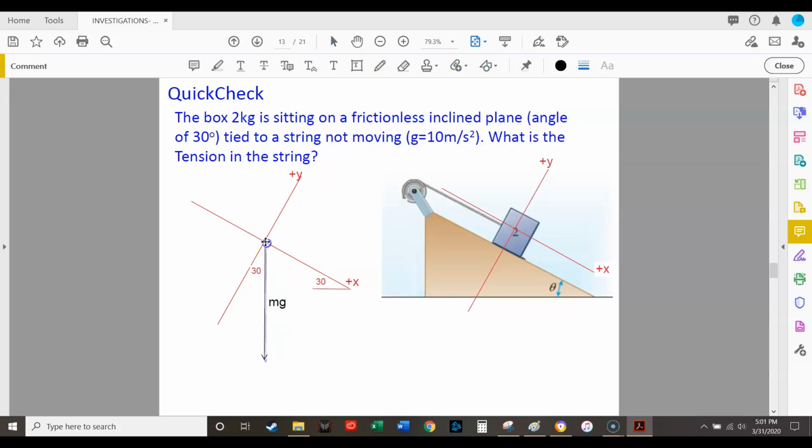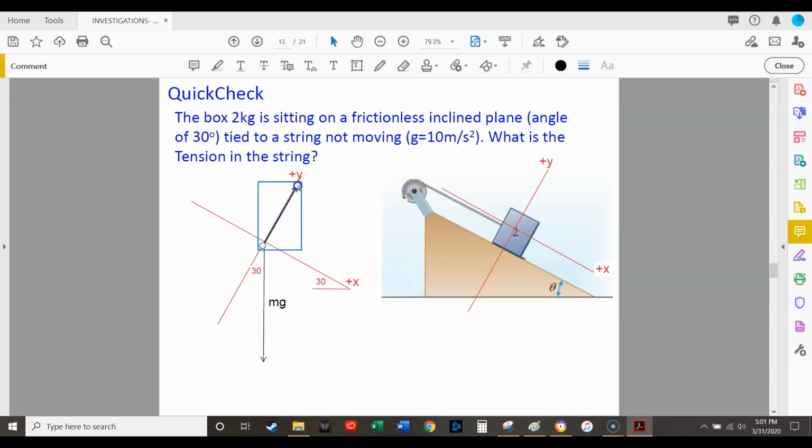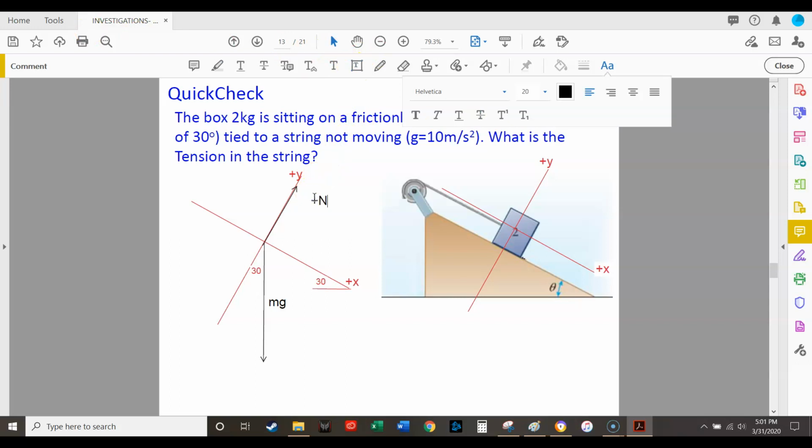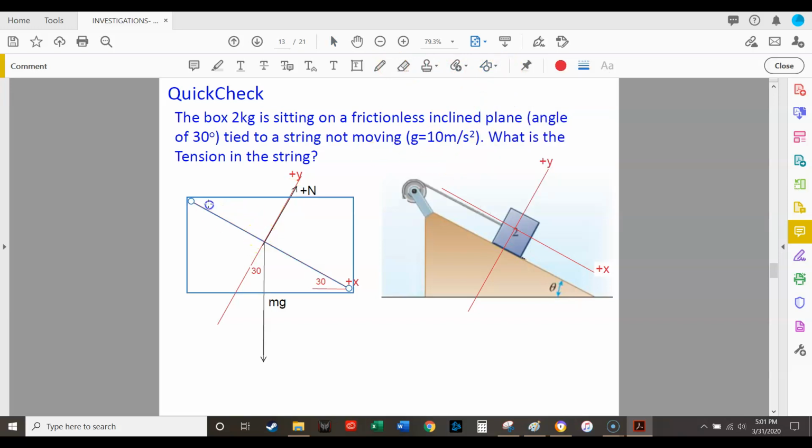My normal force is going to be pointed in the positive y direction, and since it's pointed in the positive y direction, I'm going to label it a positive N. Now there's a rope pulling it in the negative x direction, or up the ramp.